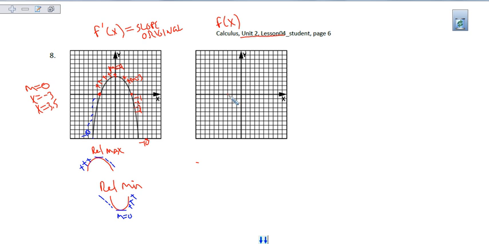So I'll go ahead and 1, 2, 3. And we'll just say that the relative minimum is here, and really we're just guessing at this point.